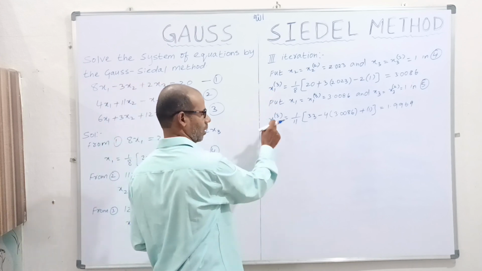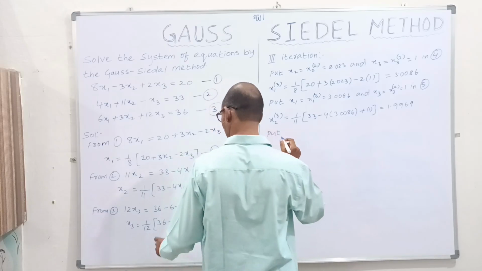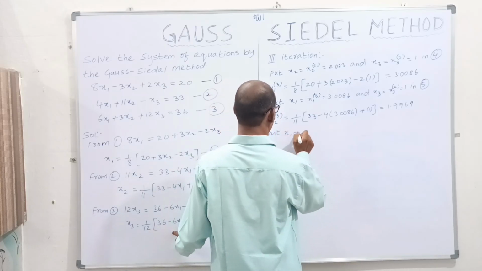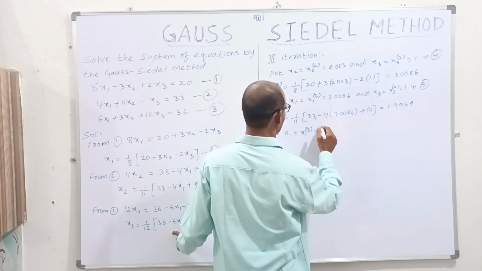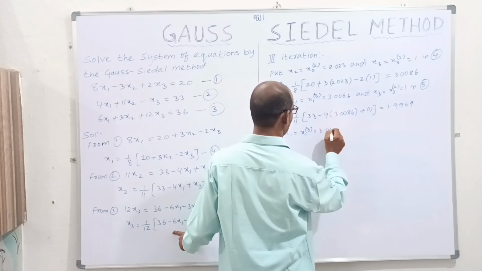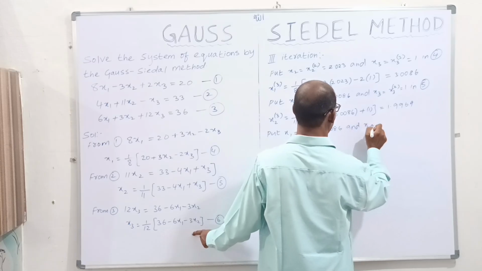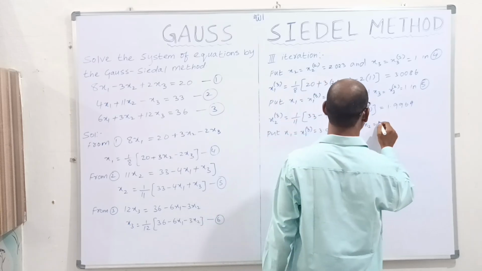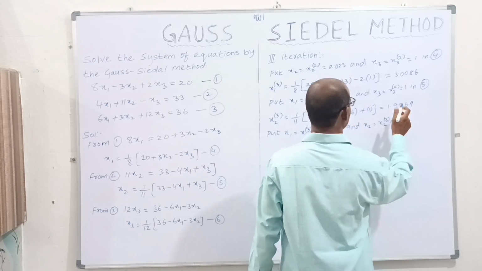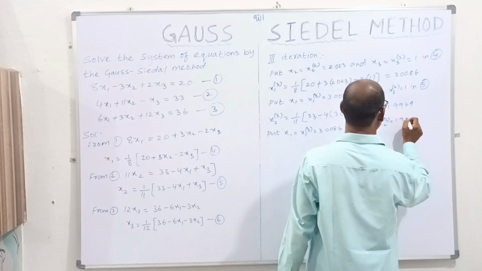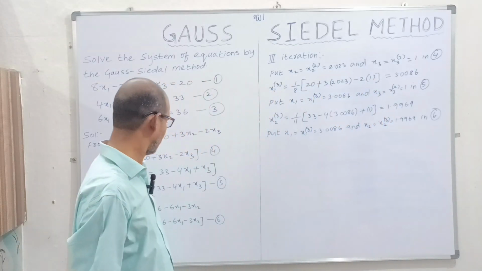So put x1 equal to x1 from the third iteration, 3.0086, and x2 equal to x2 from the third iteration, 1.9969, in equation number 6, right?